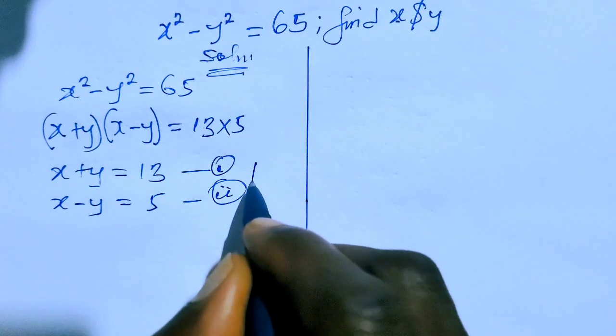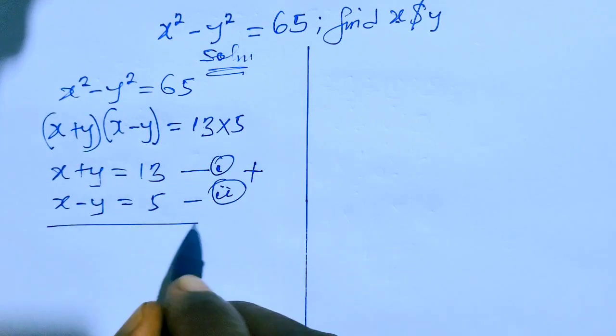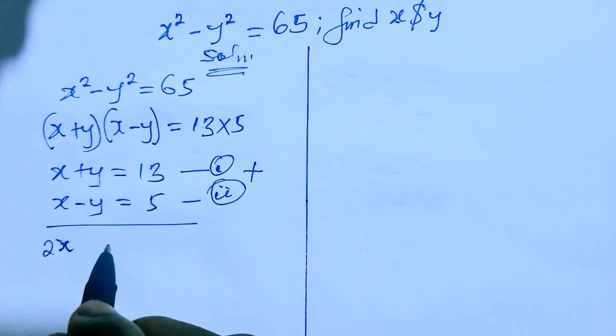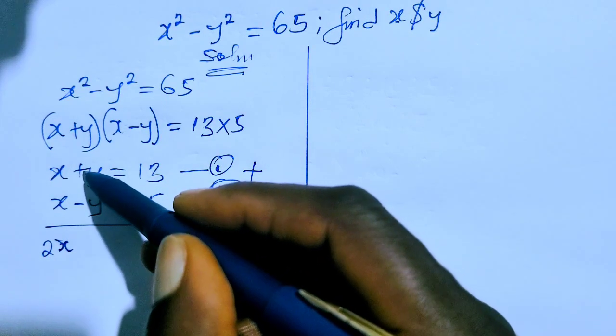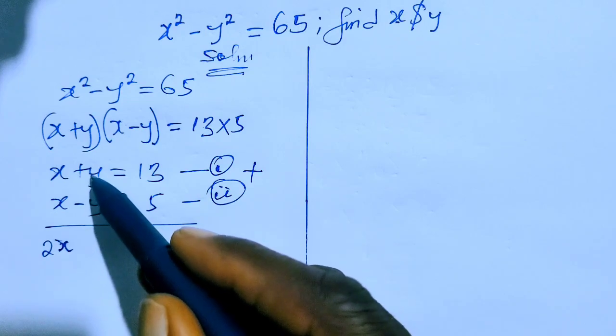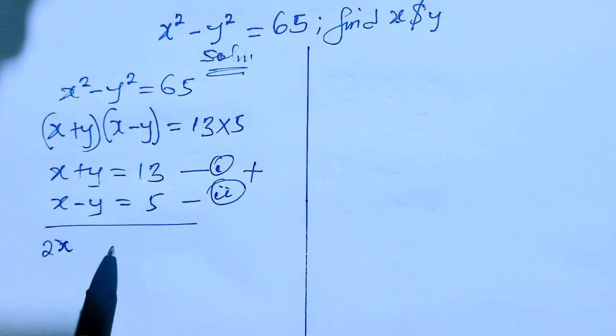Now, x plus x gives us 2x. Then plus y plus minus y gives us 0, and so the whole of this is gone.